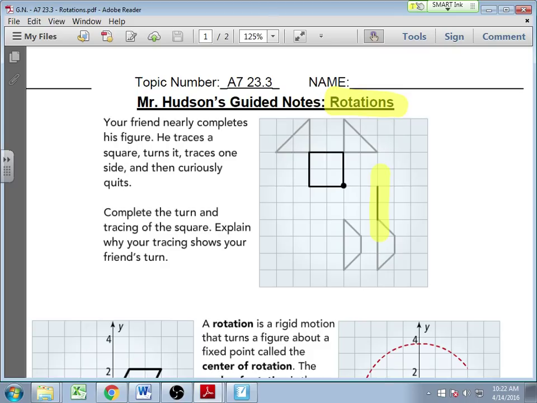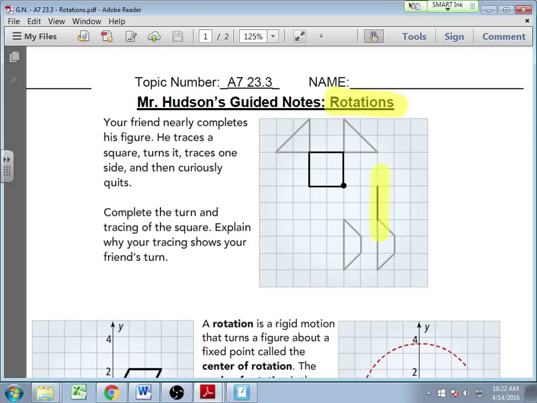So, when we turn, we have to turn about something, right? What can you do in basketball that does not get you called traveling? You can pivot, right? When you pivot, you're pivoting on what? One foot. That point is your center of rotation. When this foot stays where it is and my body turns around it, that's my center of rotation.